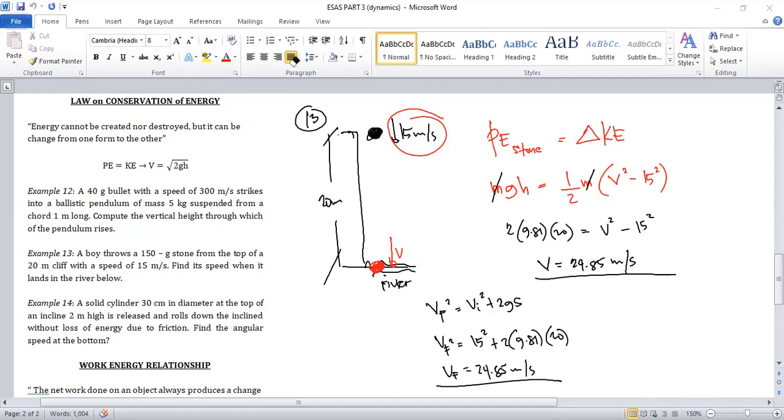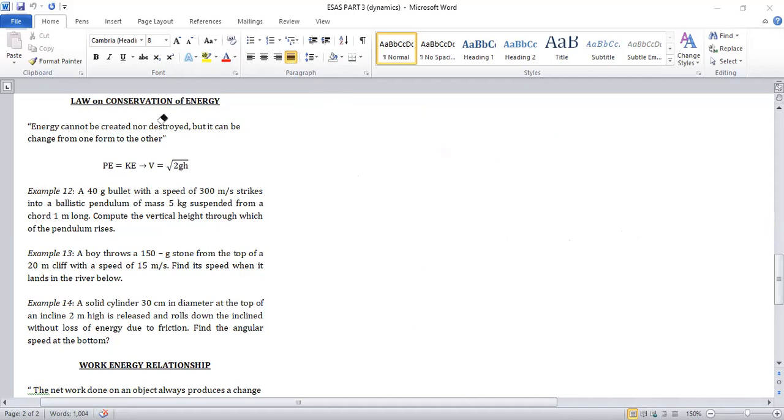Problem number 14. So you have there a solid cylinder, 30 cm in diameter, at the top of an incline 2 meters high, which is released and rolls down the incline without loss of energy due to friction.